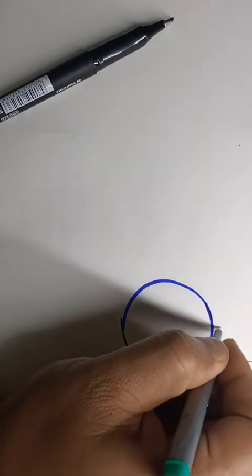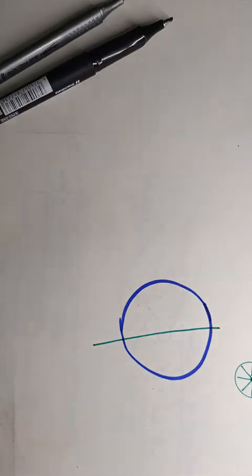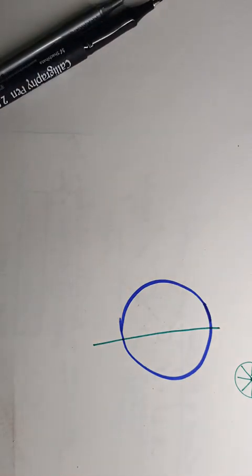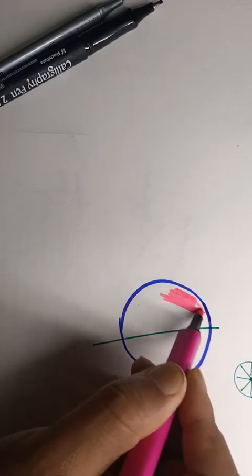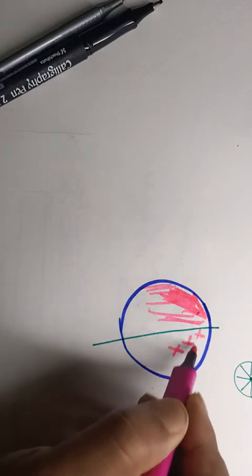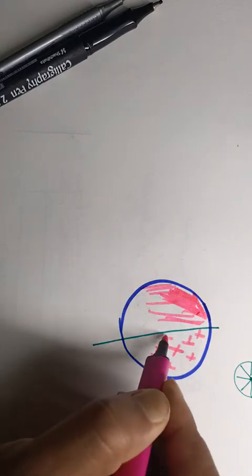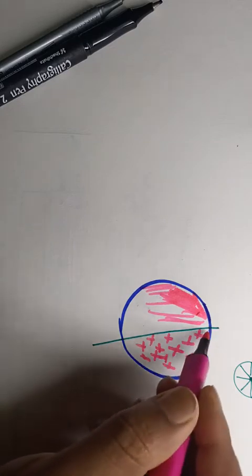And when I divide this sphere in two parts, you will find that I am getting two different parts. This is one part, and this is the second part. So from a sphere, now I get two mirrors.